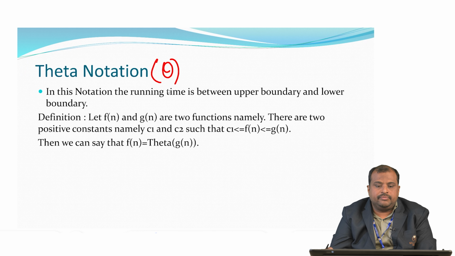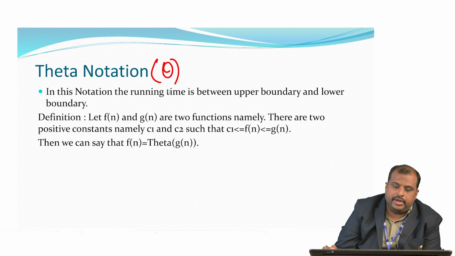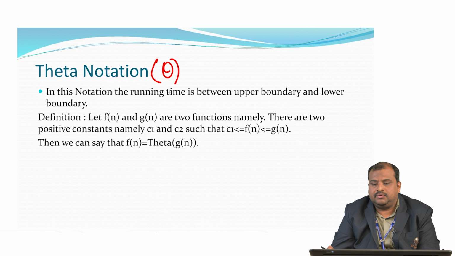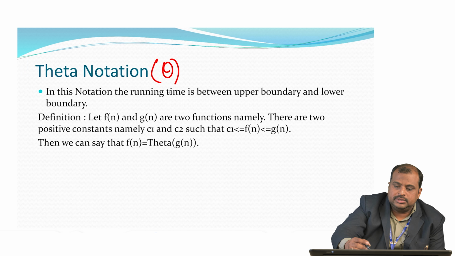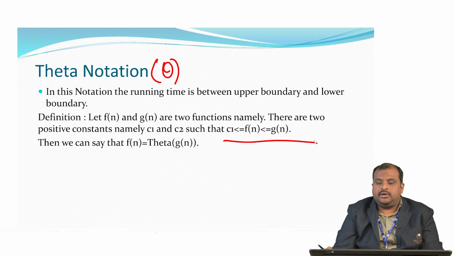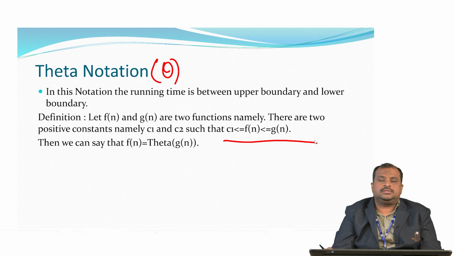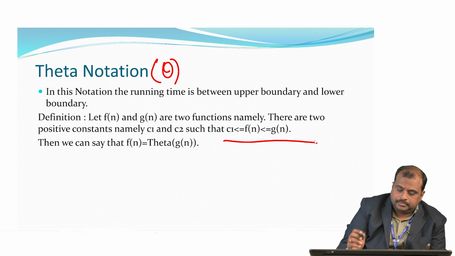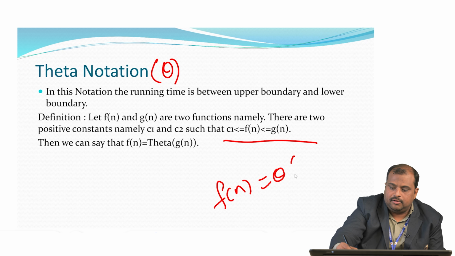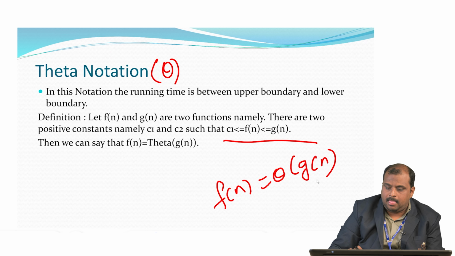For implementation of this, again we take two functions, f of n as well as g of n. These two constants, namely c1 and c2. C1 times g of n is always less than or equal to f of n, which is less than or equal to c2 times g of n. Okay, f of n equal to theta of g of n.